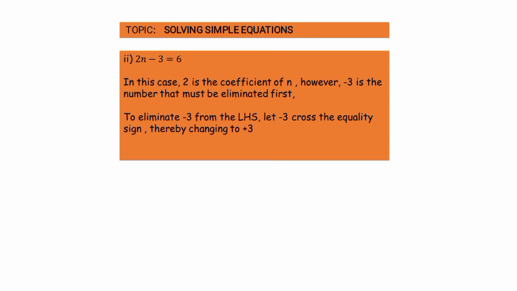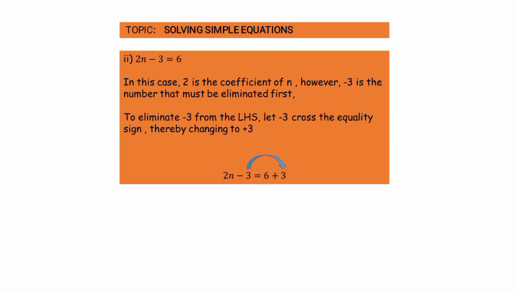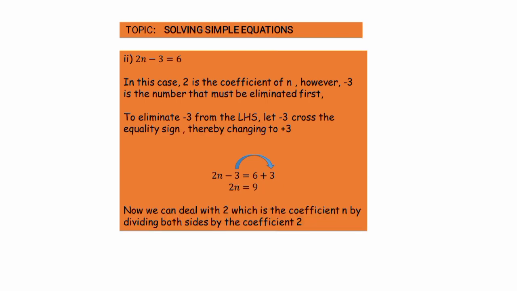And the only way to do it, as explained in the previous example, is to make minus 3 cross the equality sign, and once it crosses, it changes to plus 3. So at the end, we are going to have 2n equals 9, because 6 plus 3 is 9.